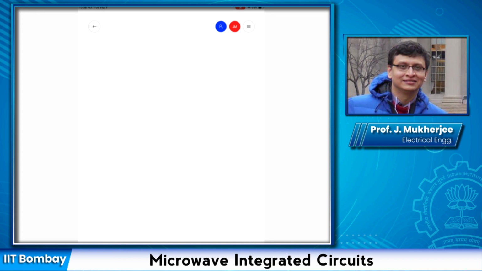So, in the previous lecture, we introduced transducer gain. The expression for transducer gain GT is, I asked you to derive this expression.